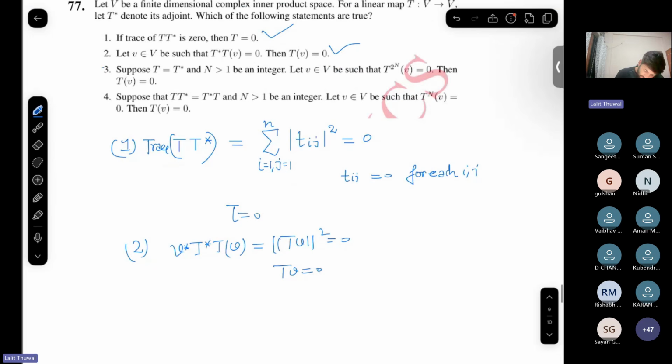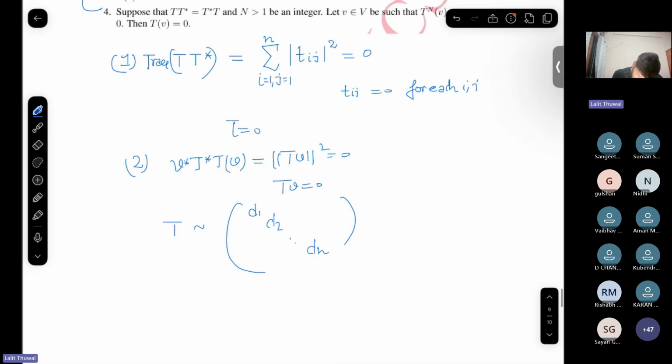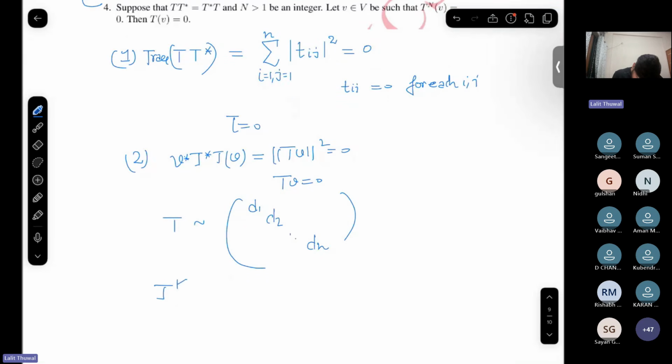Now the third and fourth are very easy to do if you solve like this. T is diagonalizable, right? So this is similar to a diagonal matrix, say D1, D2, dot, dot, dot, Dn. So the rank and nullity of the diagonal matrix power, T to the power K, let us say it's D to the power K. Rank of T to the power K will be rank of T for each K, right?